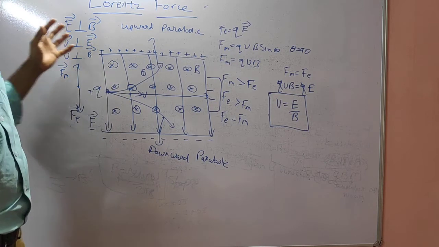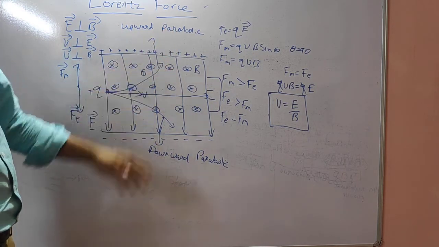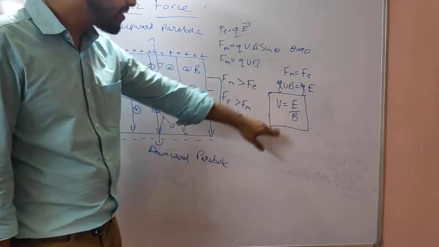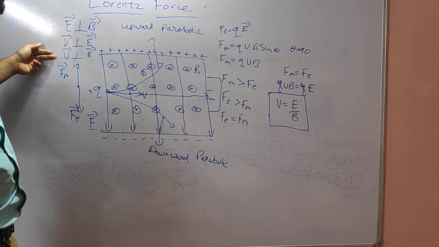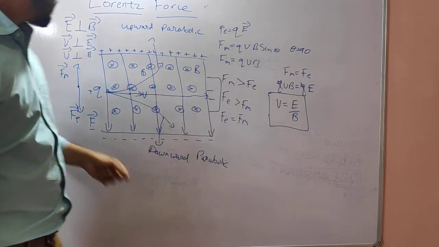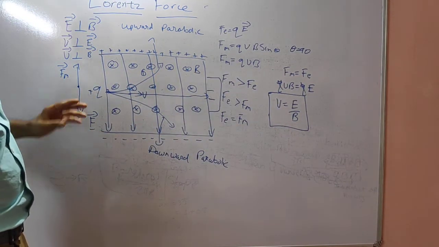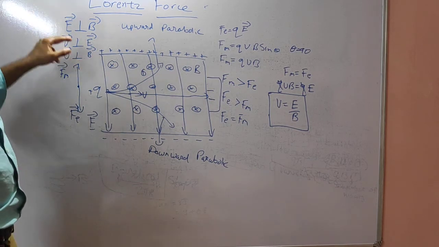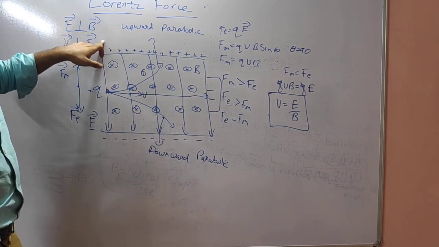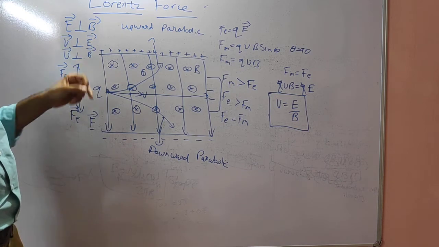If we release a lot of charges from here, everyone will not satisfy this condition and these three conditions. These three conditions have to be satisfied as well as this fourth condition, that each one are perpendicular to each other. Electric field and magnetic field we can arrange perpendicular in our hands, but the velocity and the electric field, velocity and the magnetic field needs to be perpendicular.